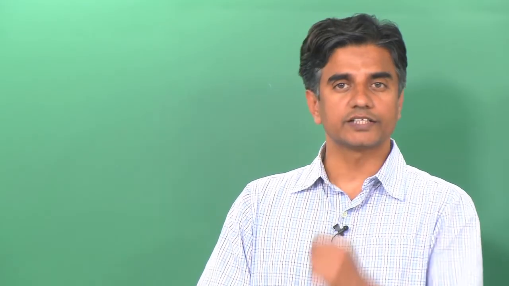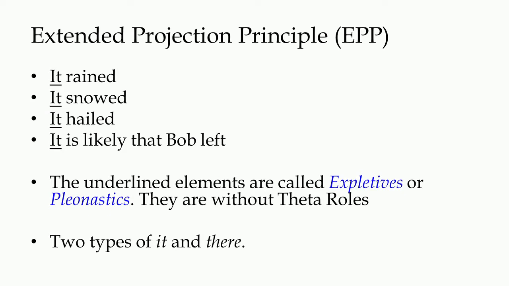We want to show you some examples to understand this requirement in a more precise way, where we take some examples from English. Look at some of the sentences on the screen. Sentences like "it rained," or "it snowed," "it hailed," "it is likely that Bob left."